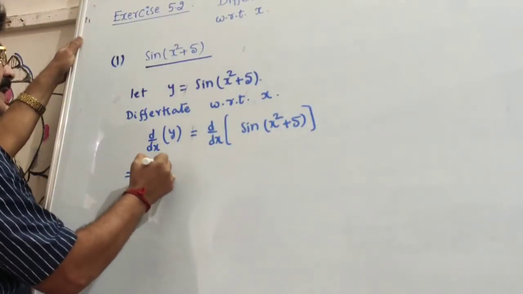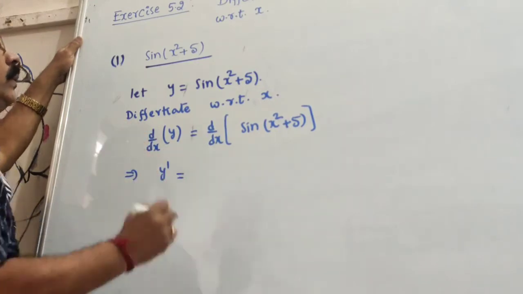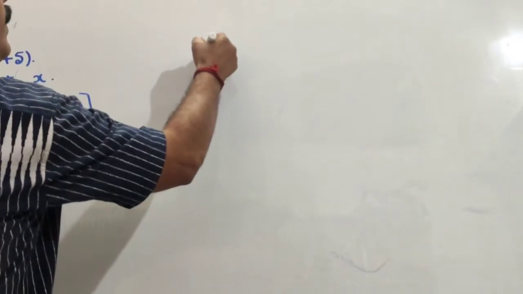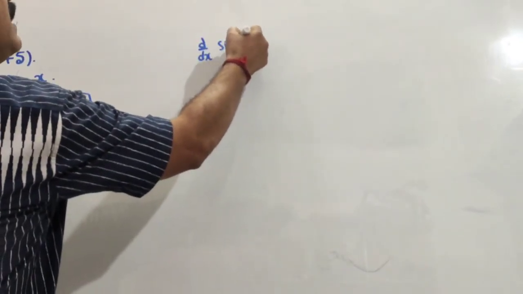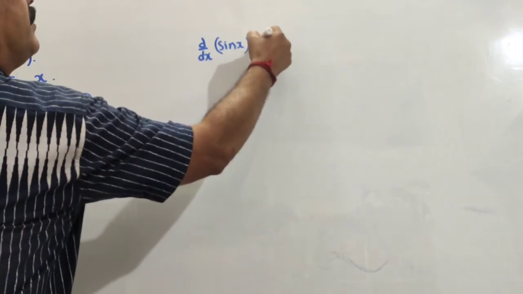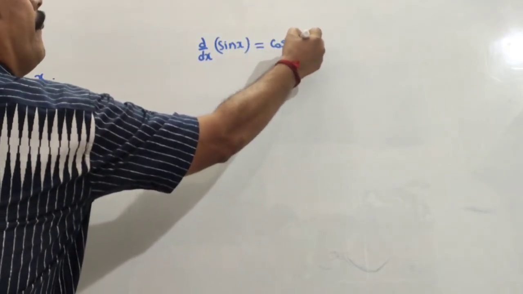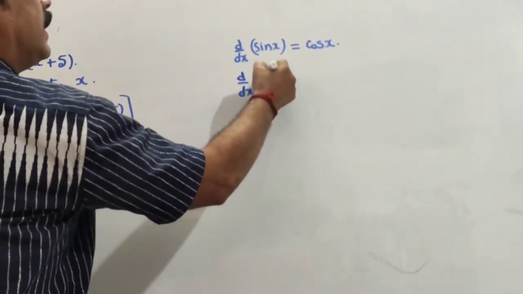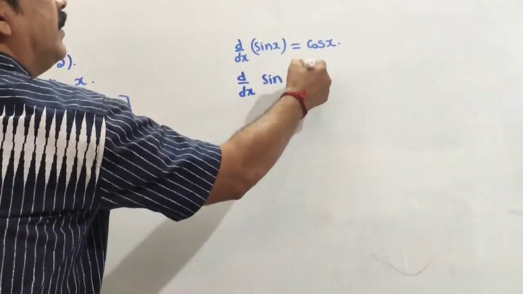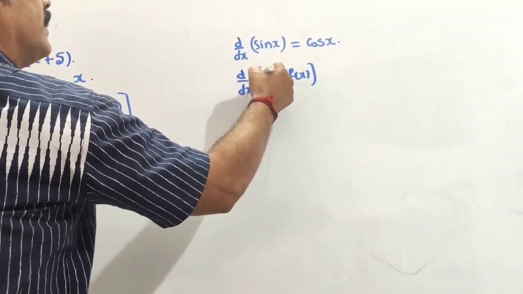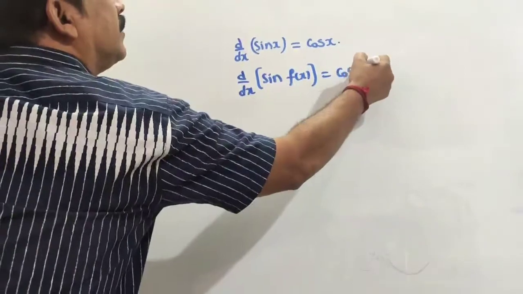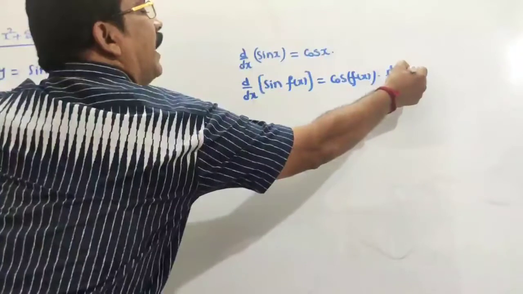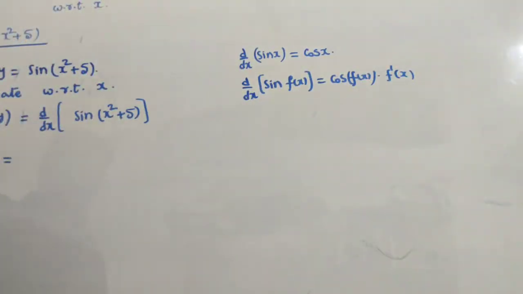So simply it is y dash equal to d by dx of, actually d by dx of mother formula, d by dx of sin x equal to cos x, and d by dx of composite formula sin of f of x equal to cos of f of x into f dash of x, means d by dx of f of x.